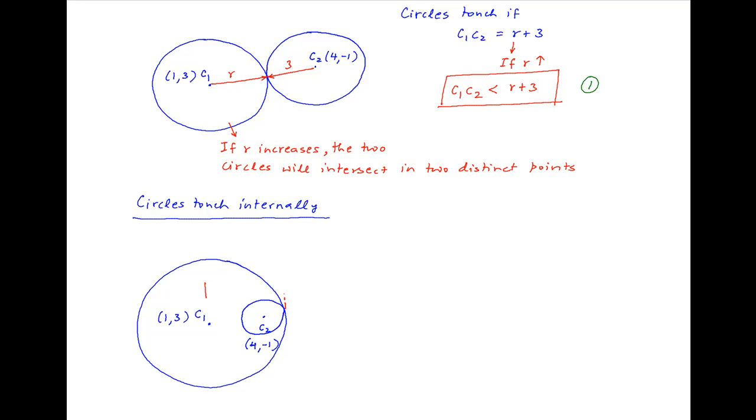The radius of the first circle is r and the radius of the second smaller circle is equal to 3. The two circles will touch each other internally if the distance between C1C2 is equal to the difference of the radii, or C1C2 is equal to r − 3.